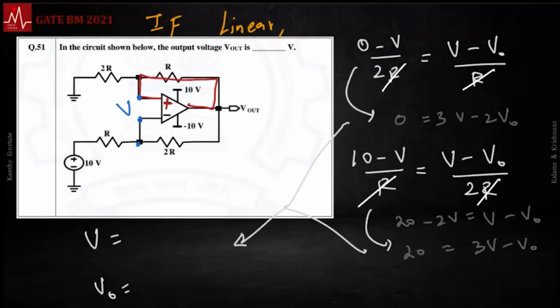We subtract the two equations. Subtracting these two, I got V naught is 20, and V is 10 by 3.